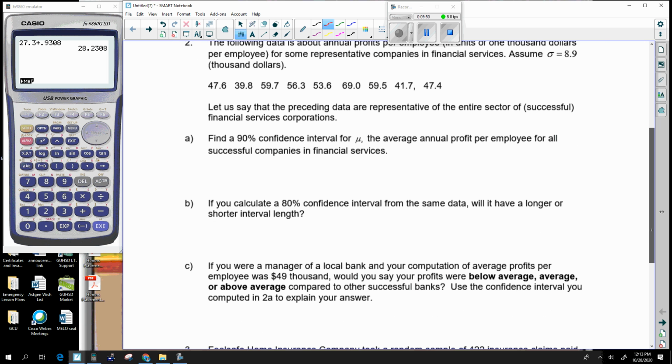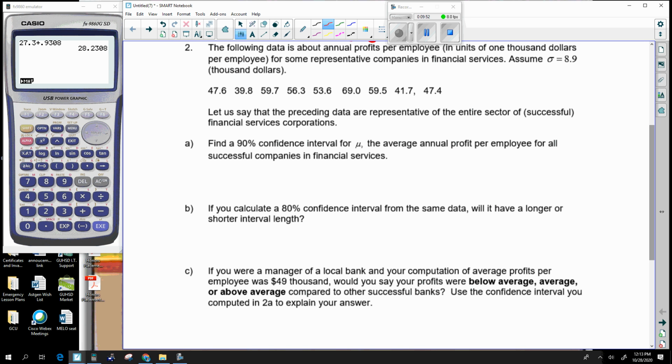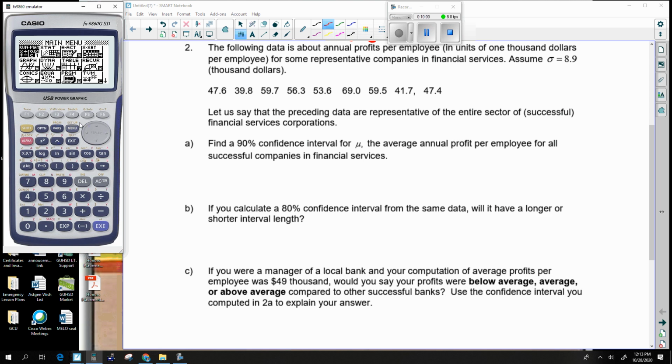All right, so we have a confidence interval. We do not have the average of this sample, so let's go ahead and find the average of this sample.